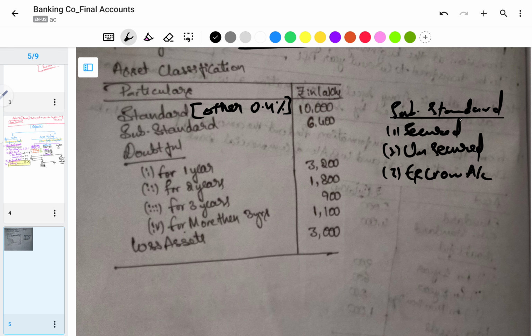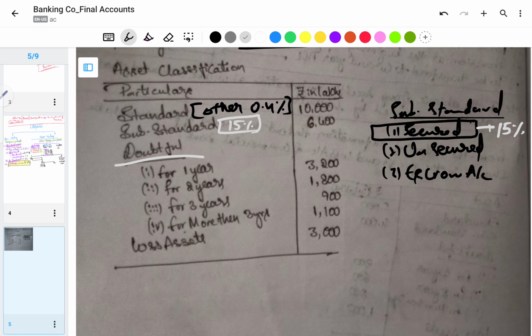Here nothing is specified, therefore we consider it as secured. Under secured we need to provide 15%. So 15% is the provision we need to create.